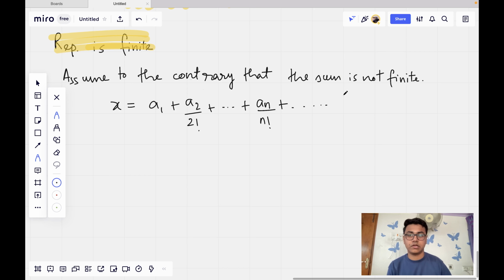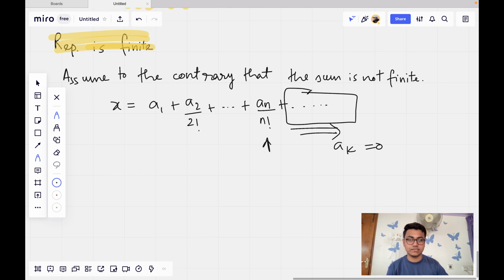It is going on. It won't stop. This is an infinite representation. Suppose this is the representation of x that we get. To prove our point, we have to show that there exists some natural number n after which all of these coefficients a_k are equal to 0. That is, these coefficients just don't exist. They are all 0, and that will prove that this sum is finite.